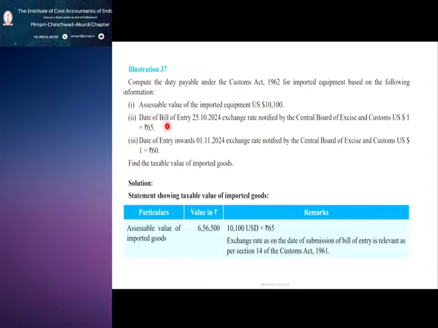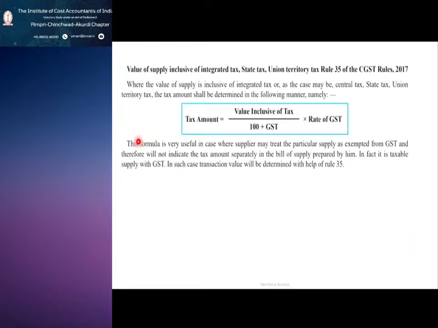Say we have two dates, date of bill of entry and the date of entry. We know CBIC rate only will be considered and the bill of entry date only. So here this example is the same. The assessable value is 10,100. So which exchange rate do we have to consider? Date of bill of entry and the rate notified by the CBIC. So it is 65.